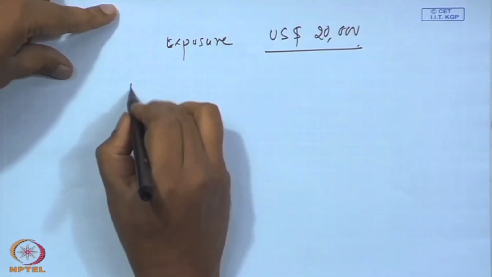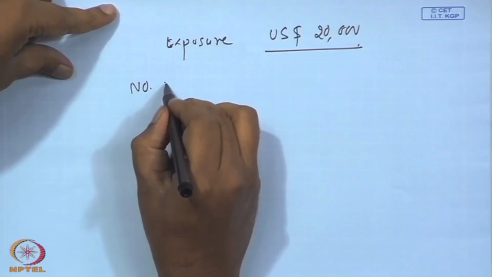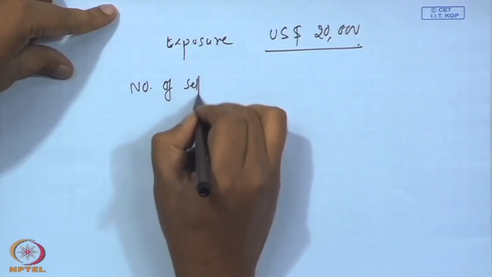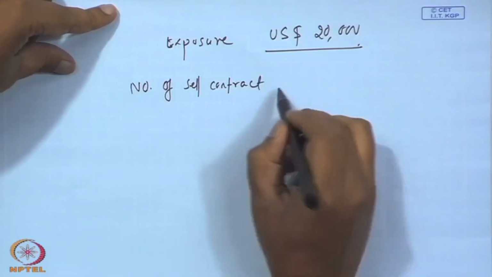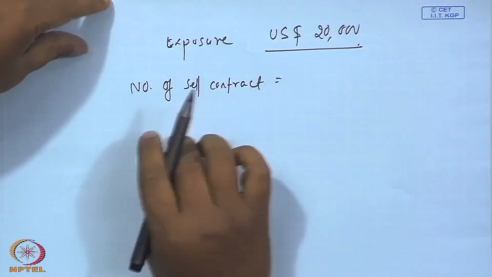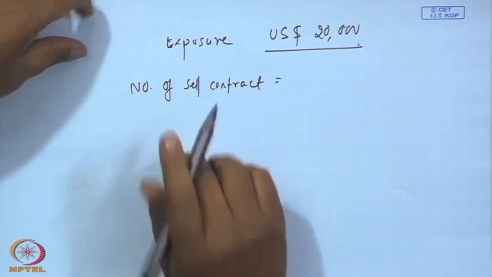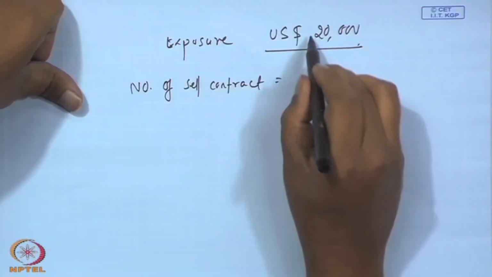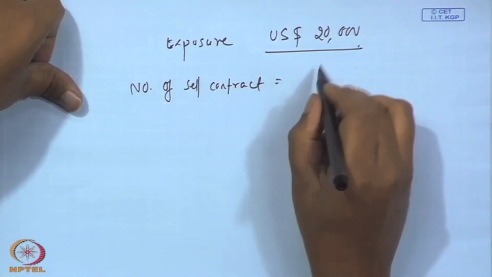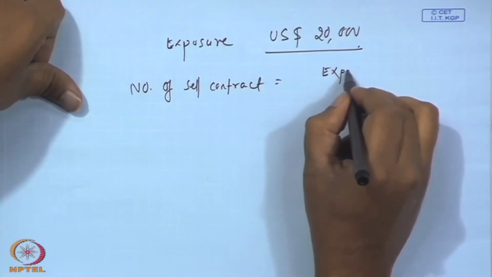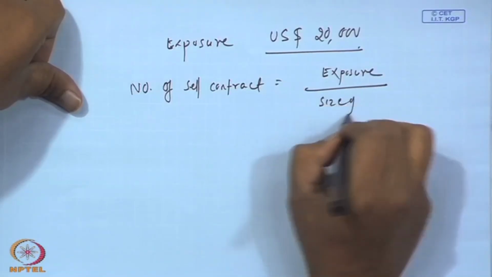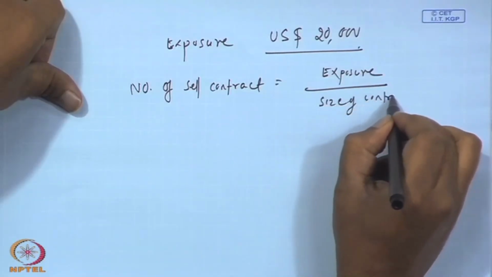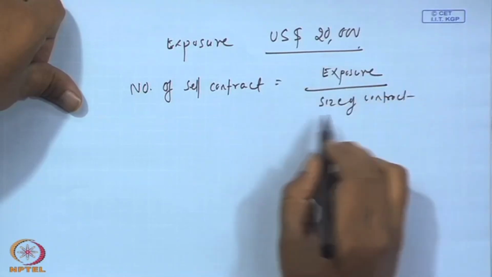The number of sale contracts is the exposure divided by the size of the contract, which in the Indian future market is 1000.